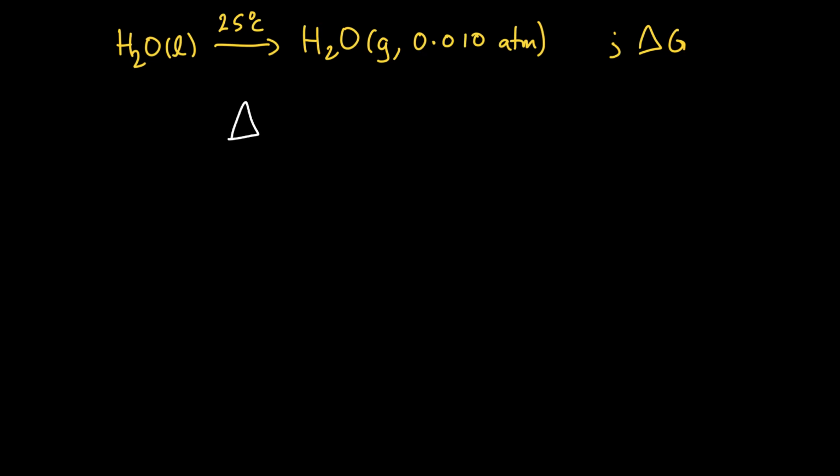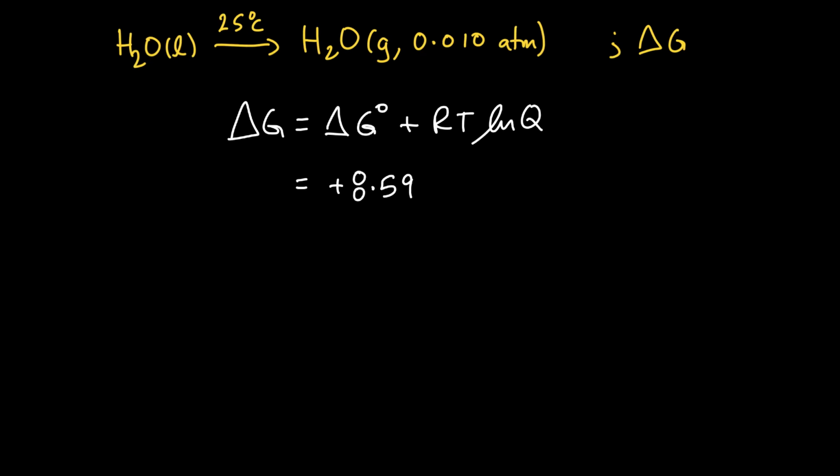So delta G is delta G standard plus RT natural log Q. Now, delta G standard we saw in the last video; we didn't actually calculate it, we just simply stated it. It's positive 8.59 kilojoules per mole. And you can get that a bunch of different ways.